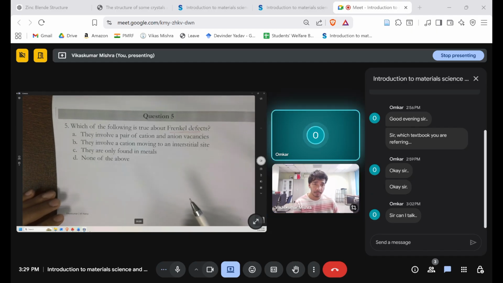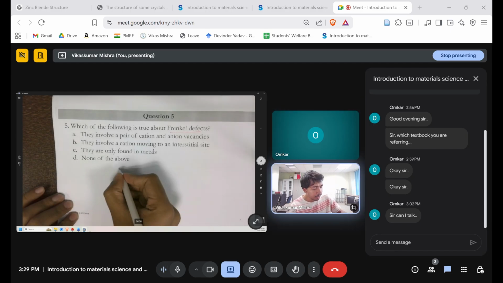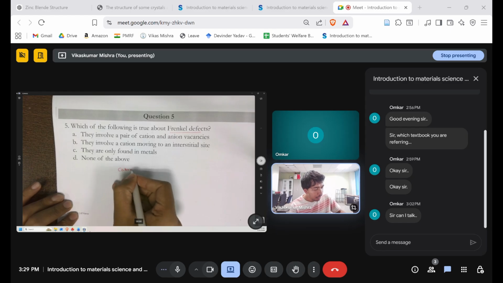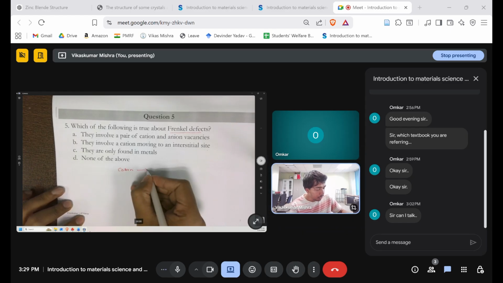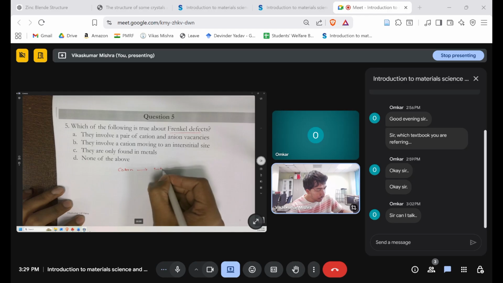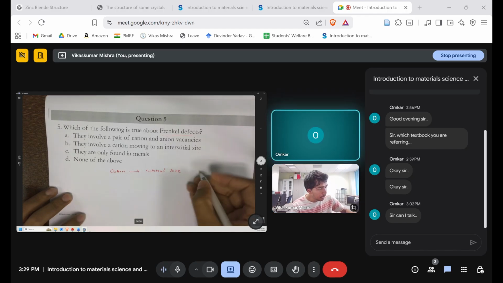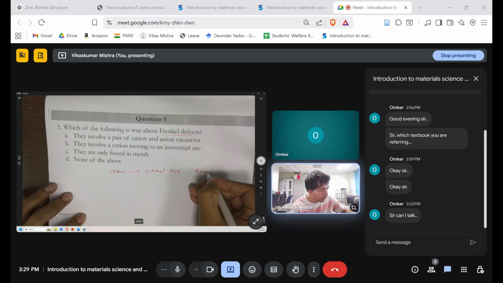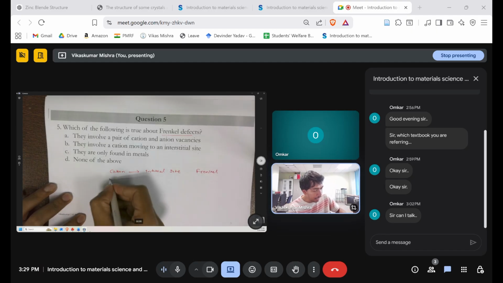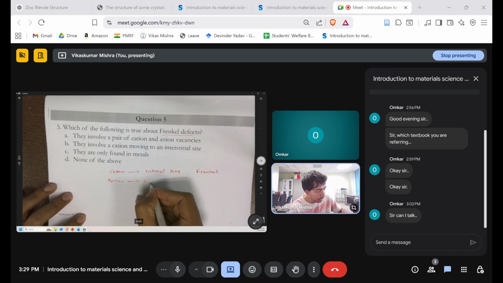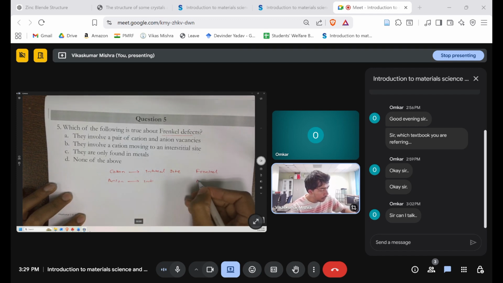Anion is not moving. So cation is the one which will move. If cation is moving to the interstitial site, we'll call it the Frenkel defect. If anion is moving to the interstitial site, we'll call it the anti-Frenkel.